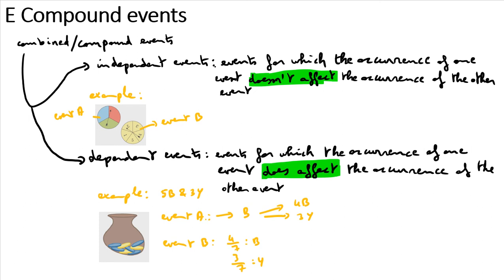While for A, the probability to select the blue disc was 5 out of 8, and the probability to select the yellow disc was 3 out of 8. So because I selected the blue disc and put it on one side, that affects event B.